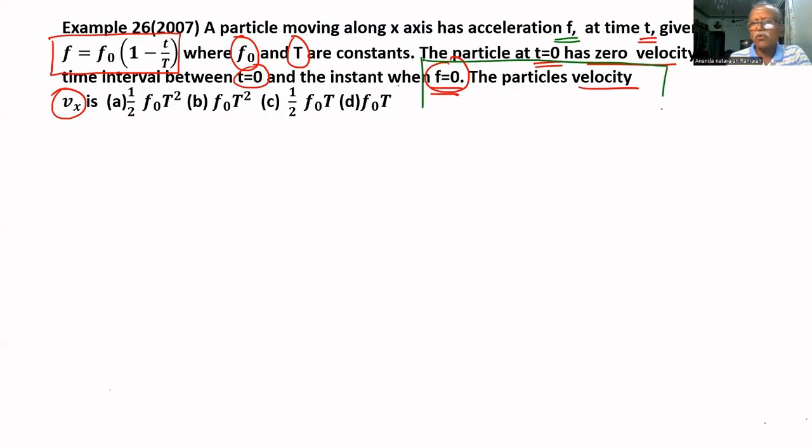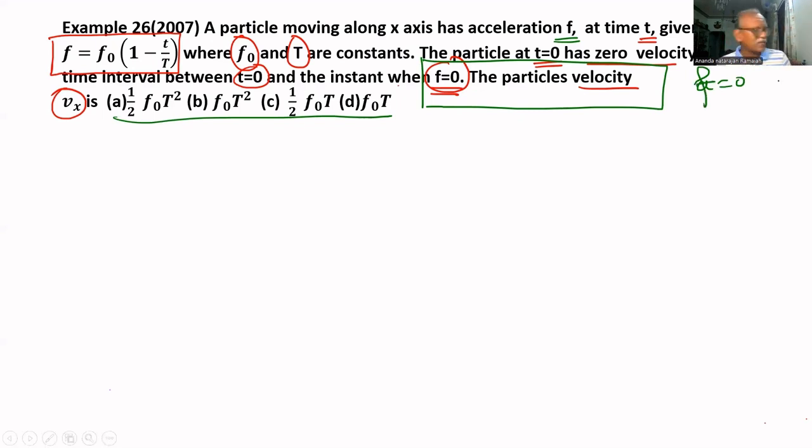When f equal to 0, the particle's velocity is. 4 answers given. So when acceleration equal to 0, that is f equal to 0, here acceleration is called f. So we have to find velocity when f equal to 0.